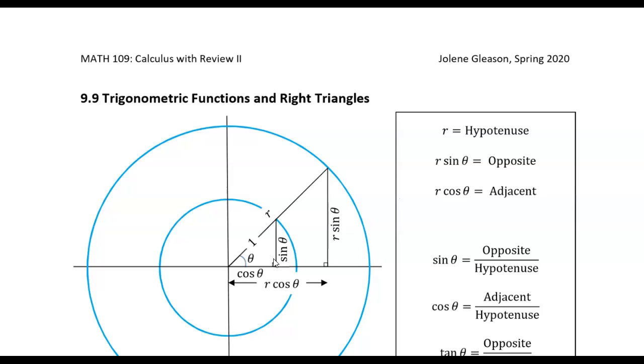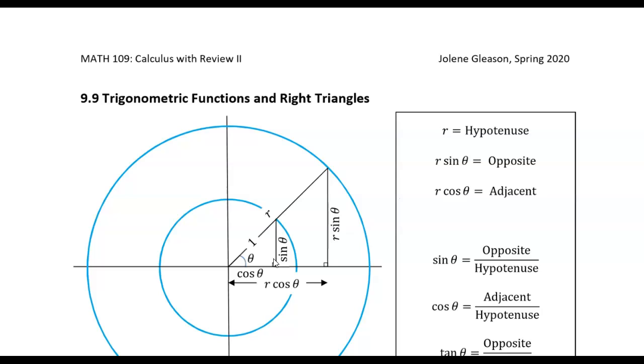So if we start with that unit circle, you can see the right triangle that is formed when you drop a perpendicular down to the x-axis. The distance above the x-axis, which is the y value, is the sine, and the distance over on the x-axis is the cosine. So that's the x value.